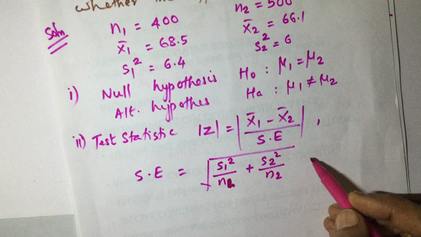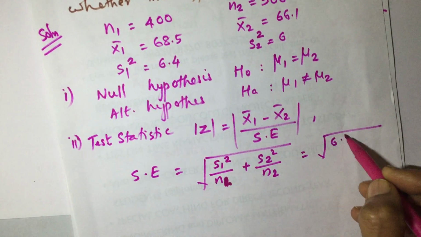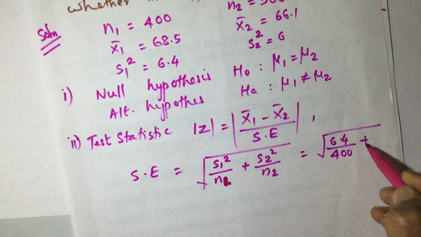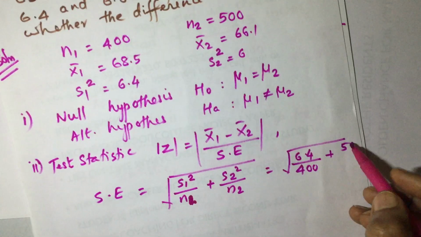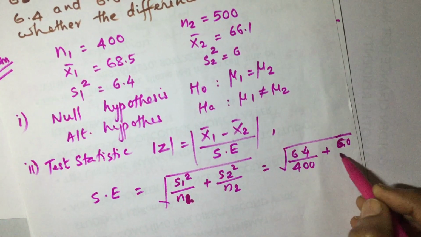That is equal to under root of 6.4 divided by 400 plus 6 divided by 500.